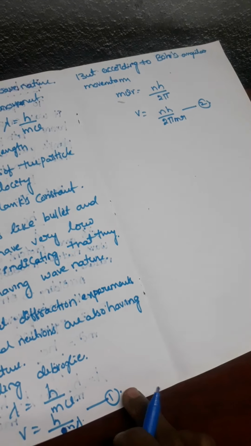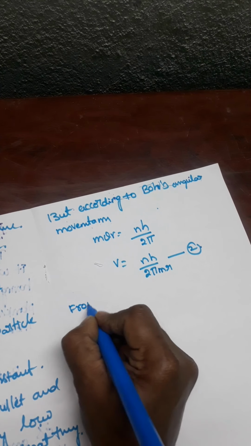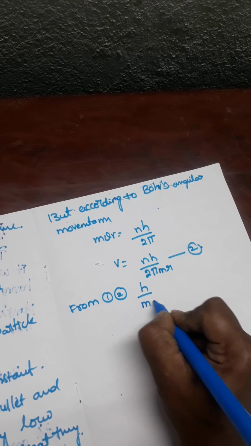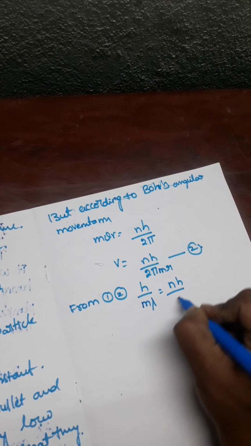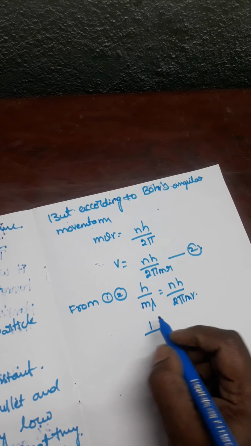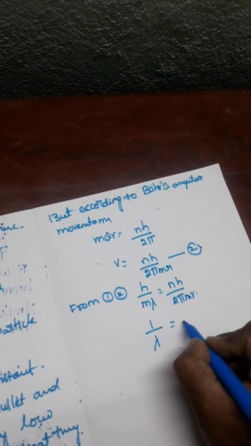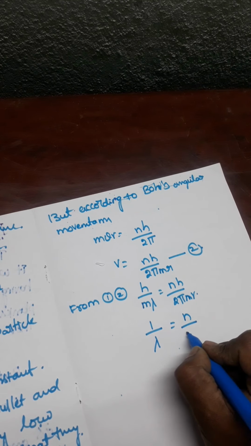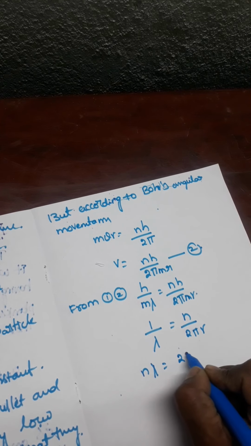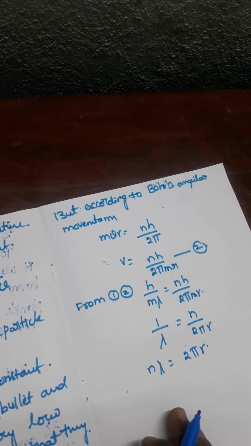From the first and second equations, h by m lambda is equal to nh by 2 pi mr. Then 1 by lambda is equal to n by 2 pi r. Then n lambda is equal to 2 pi r.